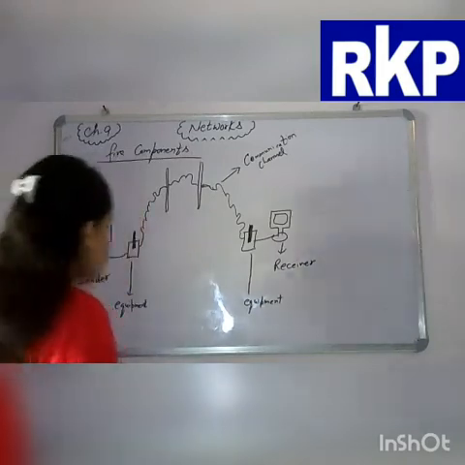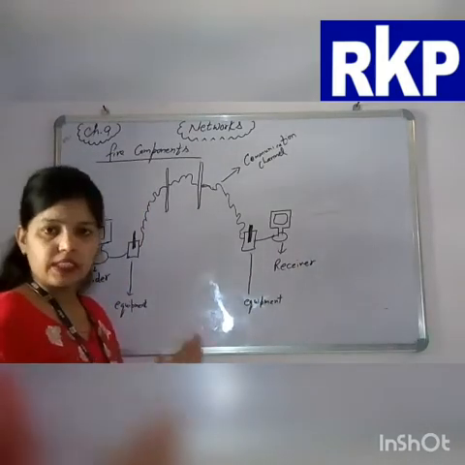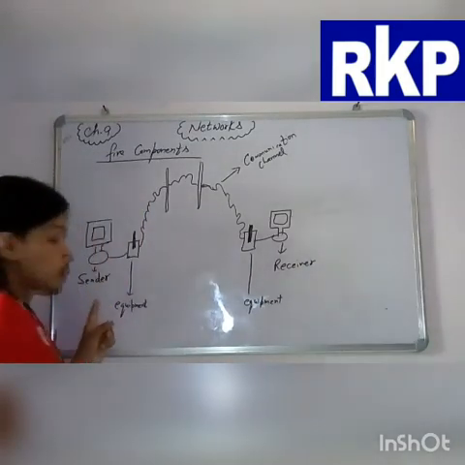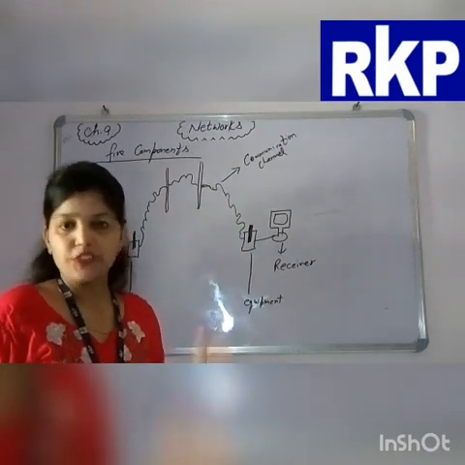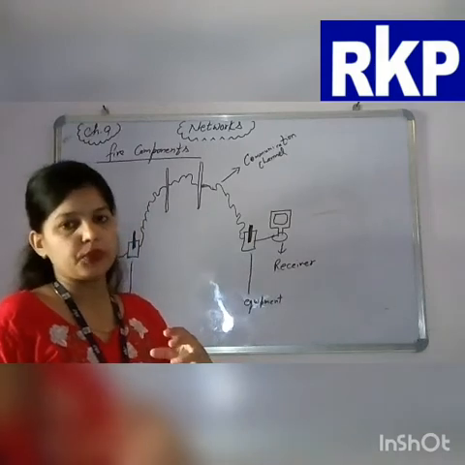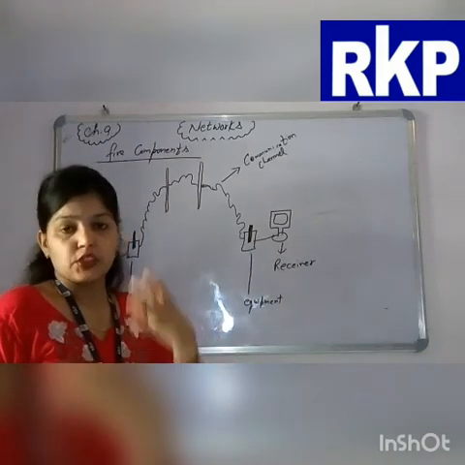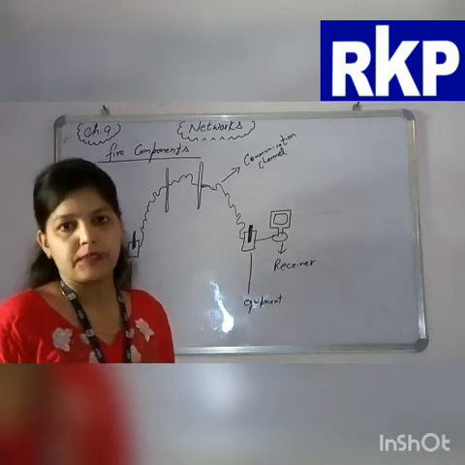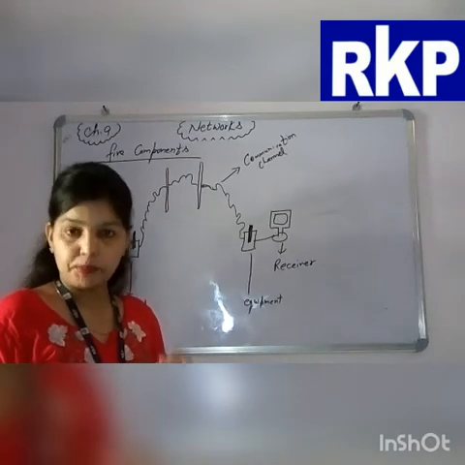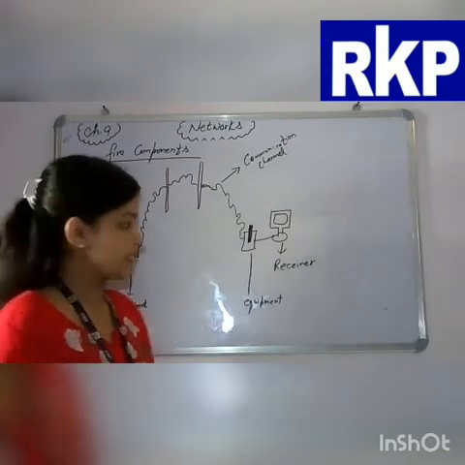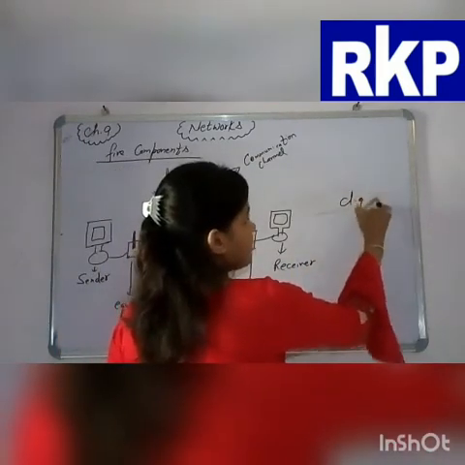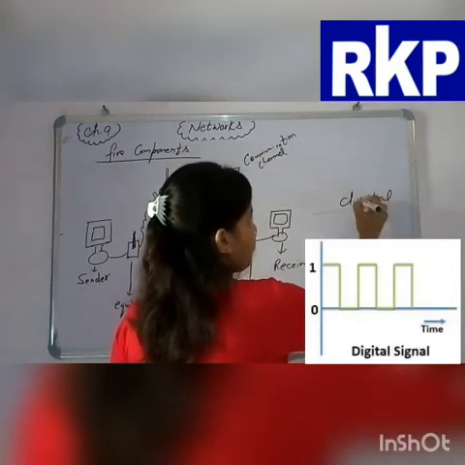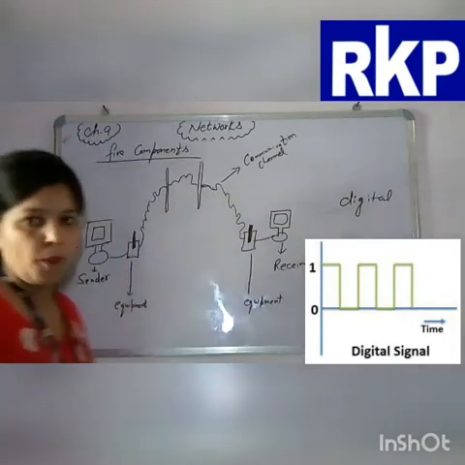Clear? Now students, 2 terms will come here. You know that a computer can understand only digital language. If you are storing anything in a computer, it will get stored in the form of digital or binary, bits or bytes. You know about these terms. So a computer stores data in digital form.